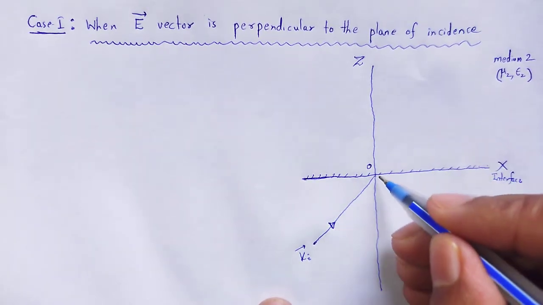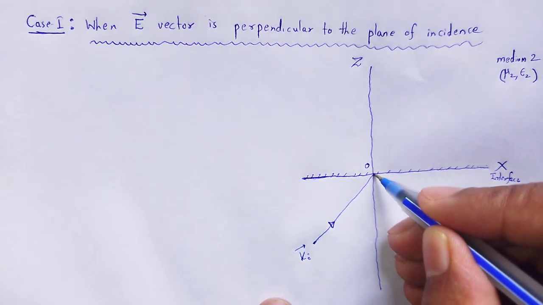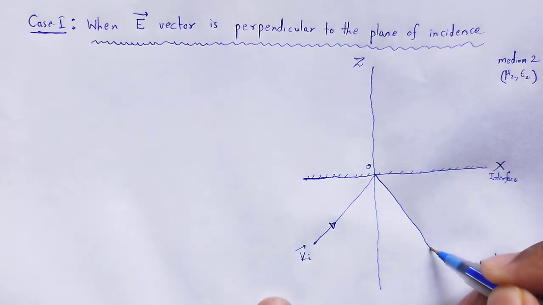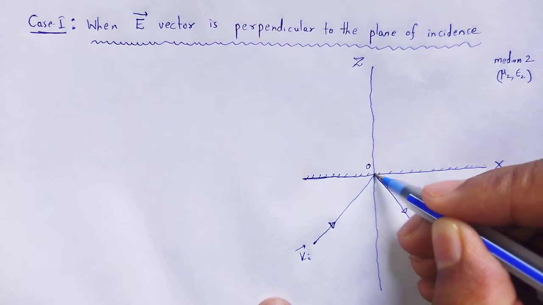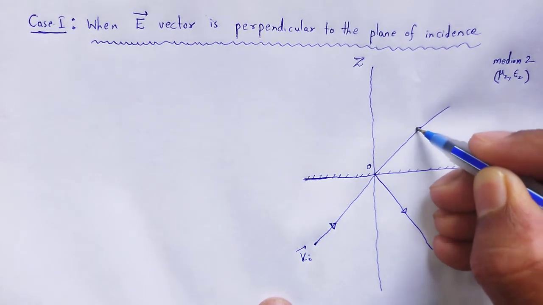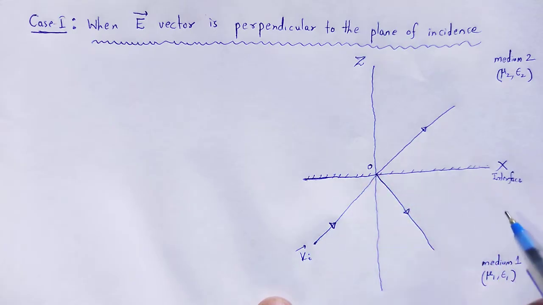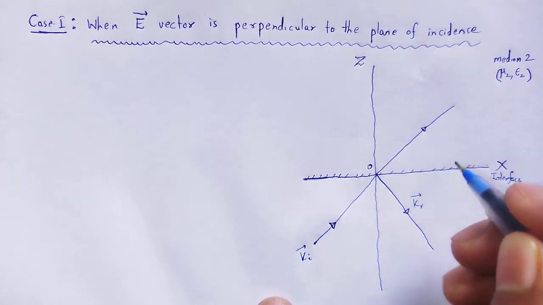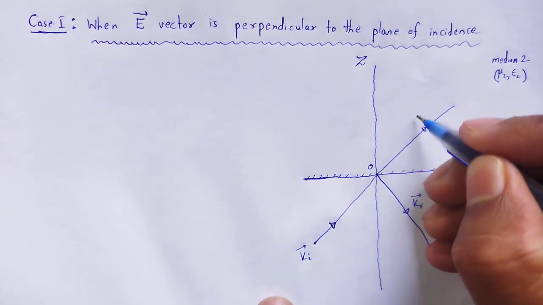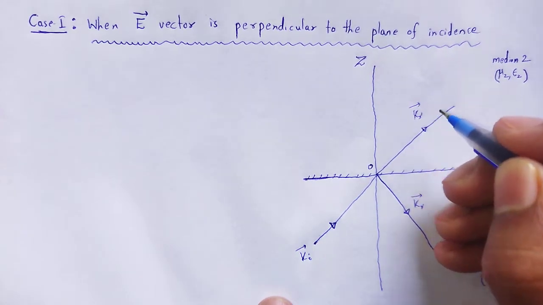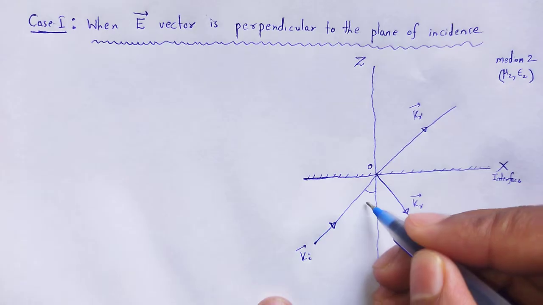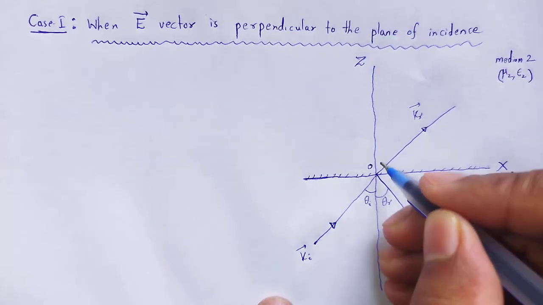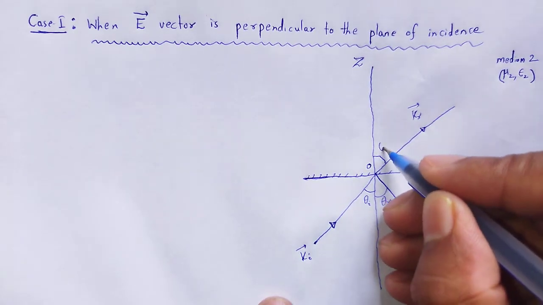At that interface, since it is partially reflecting and partially transmitting, this one is the reflected wave, that one is the transmitted wave. This is the angle of incidence theta I, angle of reflection theta r, angle of transmission theta t.